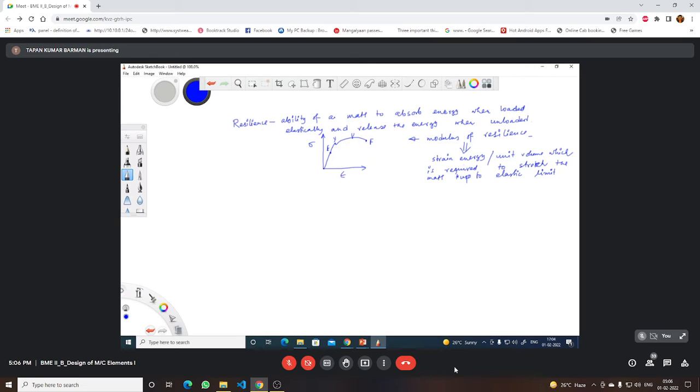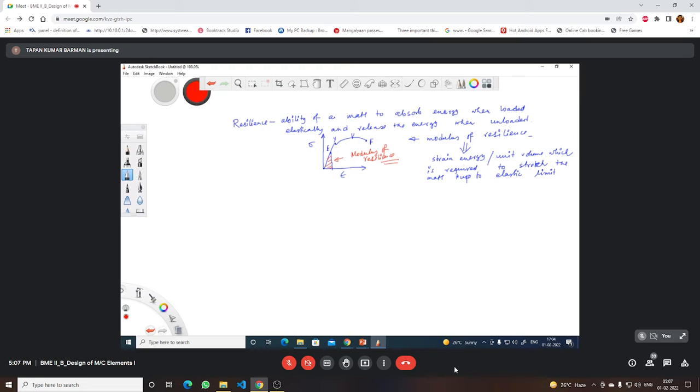So if I see in the stress strain curve, if I draw this vertical line, so this will be basically modulus of resilience. Okay.